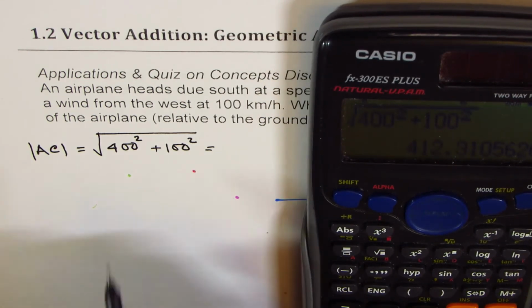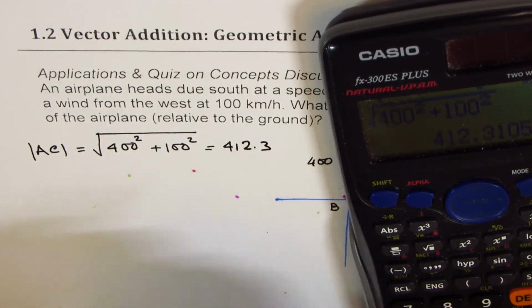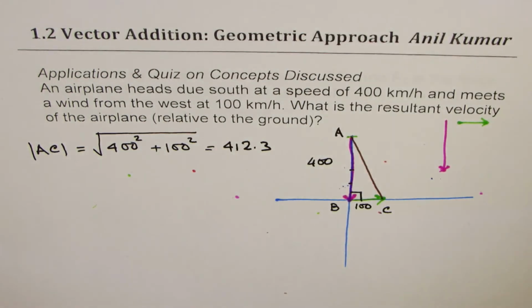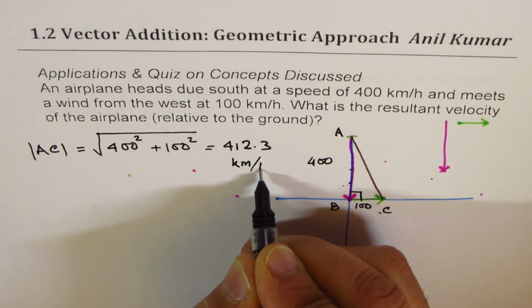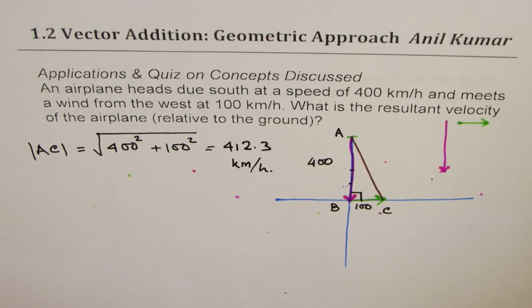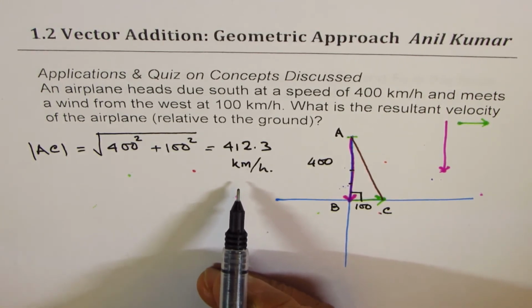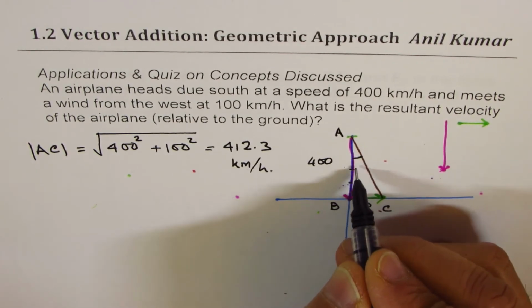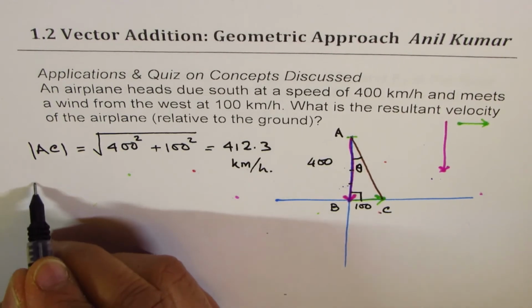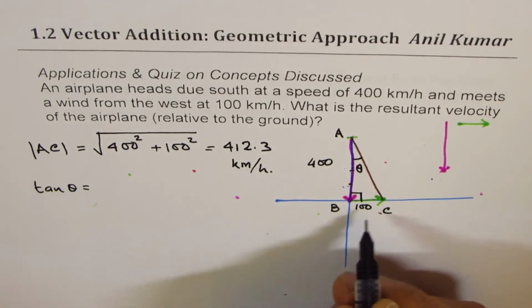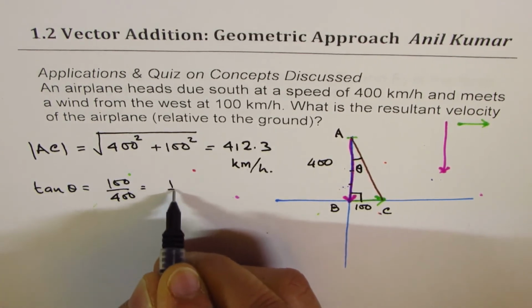Which is equal to 412, let's say 0.3. Okay. So that is the magnitude. The units will be kilometers per hour. Whenever we talk about vectors, you have to look into direction also. So the angle theta, let's say we call this angle theta for the time being, we can find that tan theta is equal to 100 over 400, or 1 over 4.